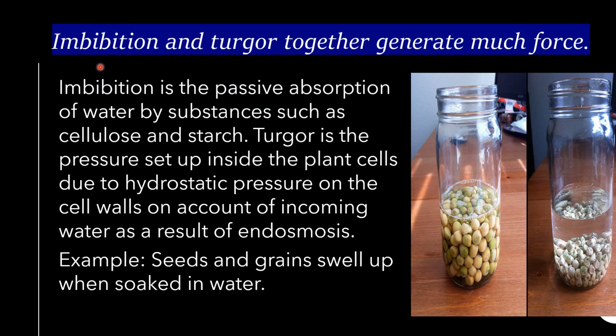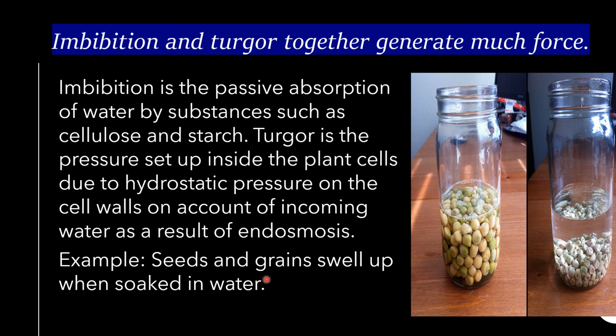Do you know imbibition and turgor together generate much force? Imbibition is the passive absorption of water by substances such as cellulose, proteins, and starch. Turgor is the pressure set up inside the plant cells due to hydrostatic pressure on the cell walls on account of incoming water as a result of endosmosis.